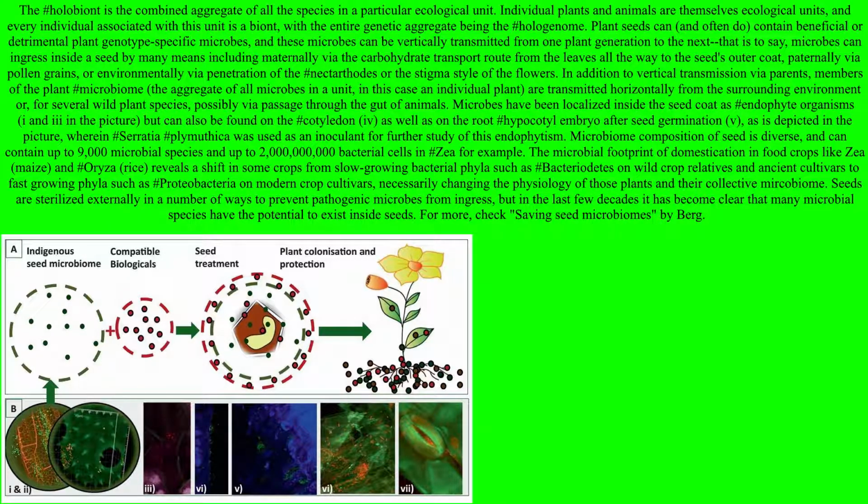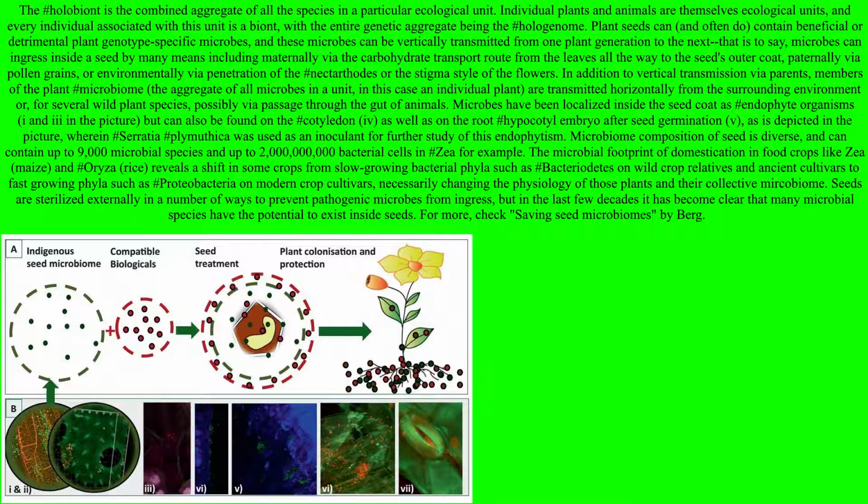And these microbes can be vertically transmitted from one plant generation to the next. Sometimes we'll find that a seed actually includes many different microbes inside the seed, ready to be growing with the plant as it sprouts, which is a pretty amazing concept. They can be vertically transmitted, so from parent to offspring.